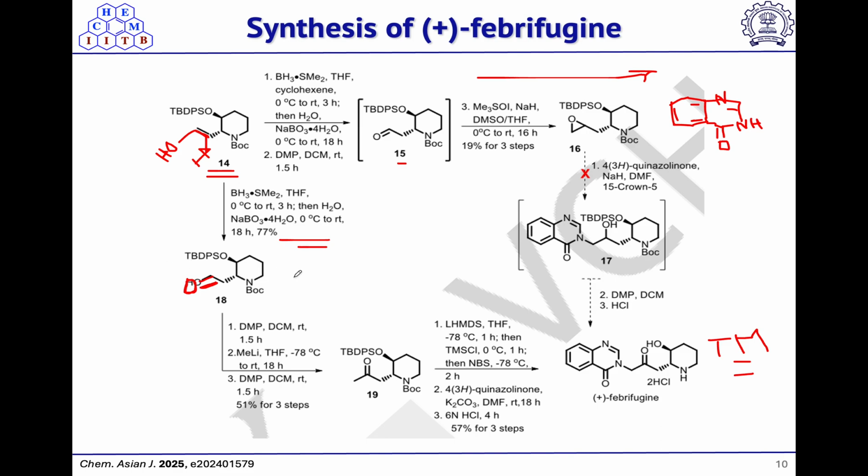So basically you will get a secondary alcohol OH and this methyl group, and here according to your substrate, this side. So in the second step we are getting this secondary alcohol, right?